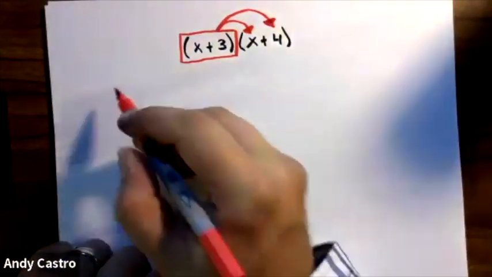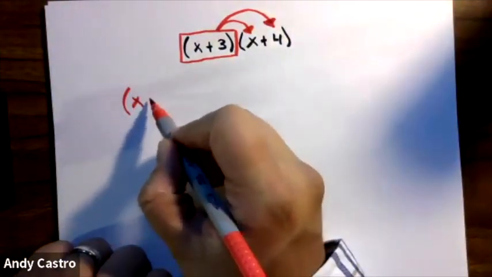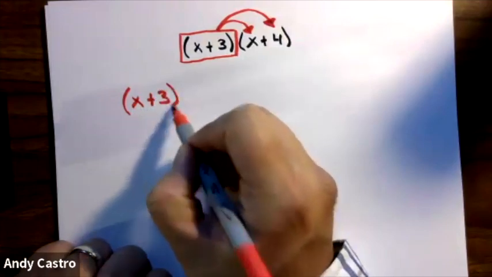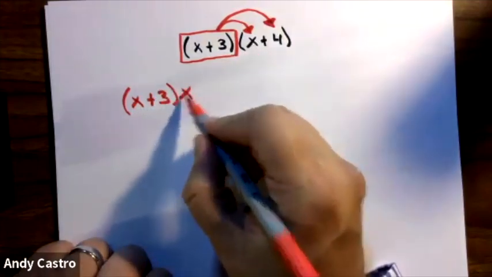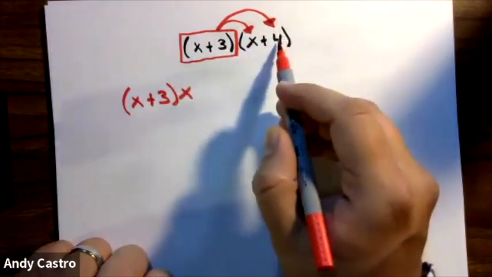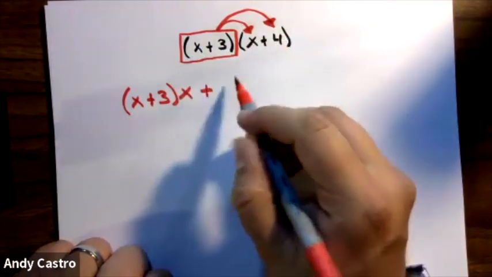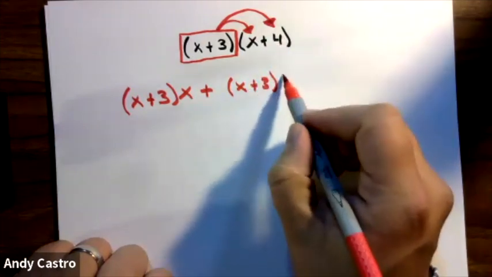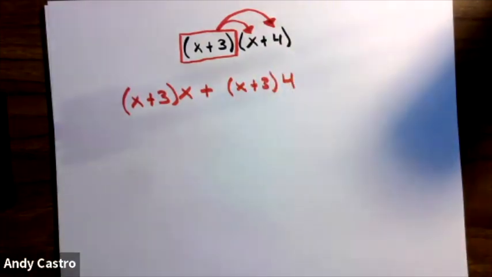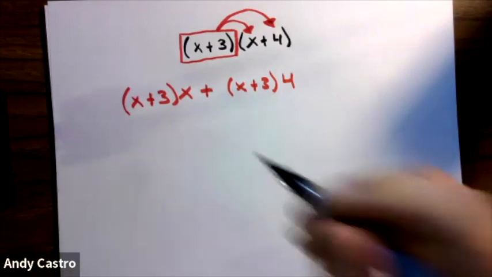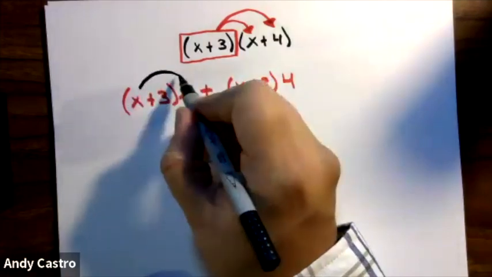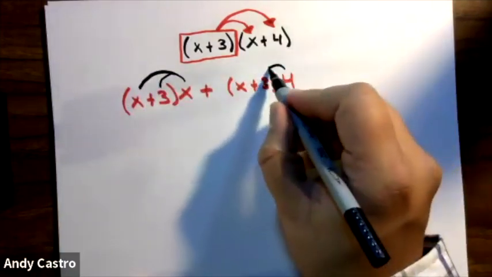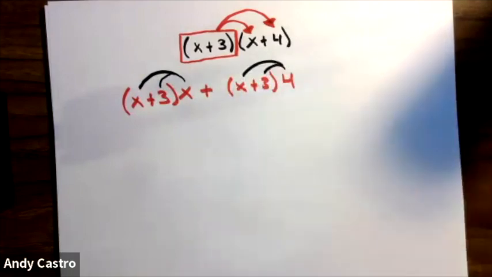If I do that, then I have x plus 3 times x, plus x plus 3 times 4. Now I can distribute again. This x I can distribute in, and this 4 I can distribute in.